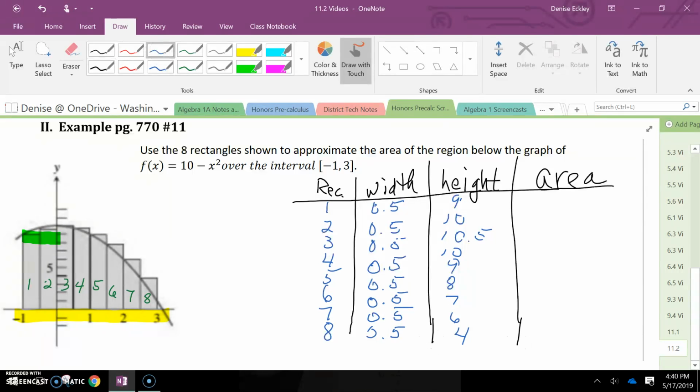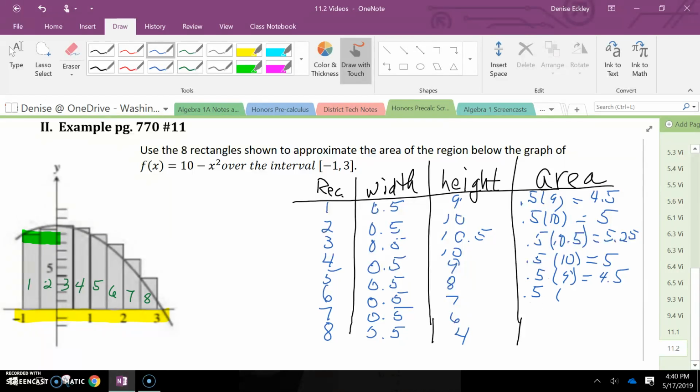So now finding the area is just a matter of multiplying these two numbers together. So we're going to take half of 9 and we get 4.5. Then half of 10 gives 5. Half of 10.5 gives 5.25. Half of 10 again is 5. Half of 9, we already did that one, is 4.5.